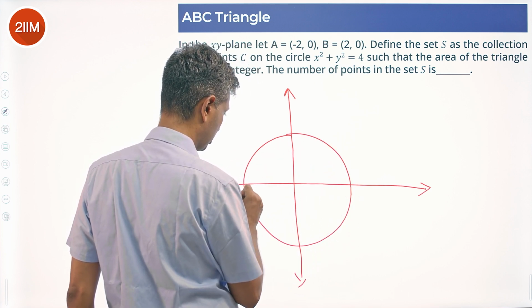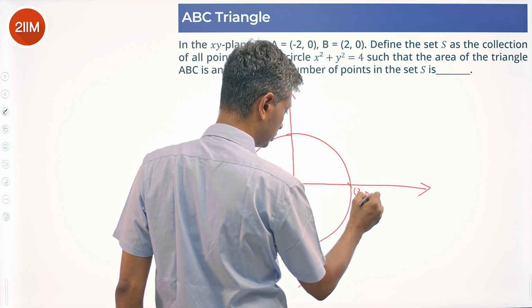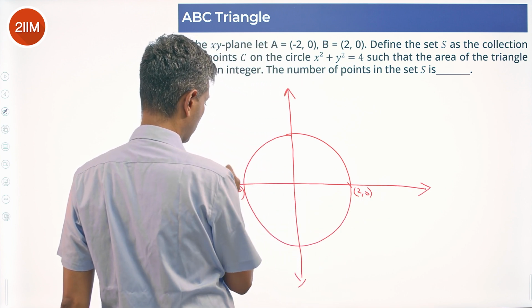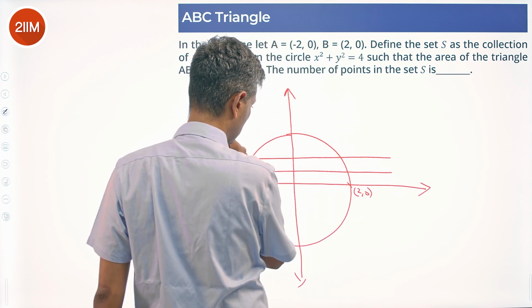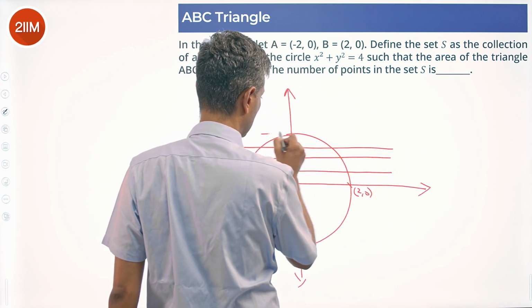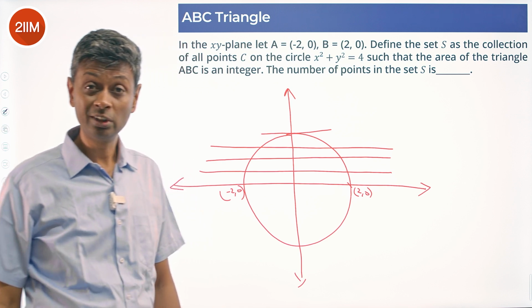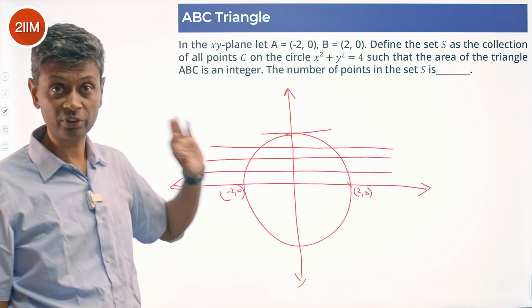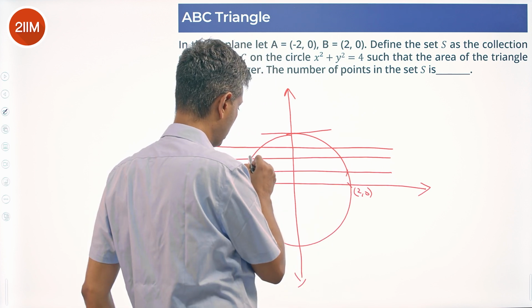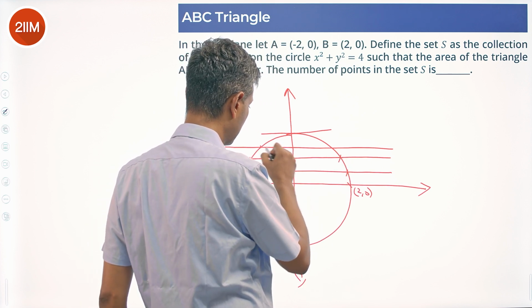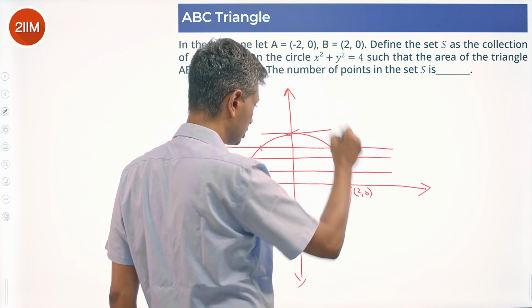This is minus 2 comma 0, 2 comma 0. I could draw it at a point half, 1, 1.5, 2. When I draw it for 2, it will just pass through the tip of the circle. So half will cut here and here, 1 will cut here and here, 1.5 will cut here and here, 2 will cut just here.